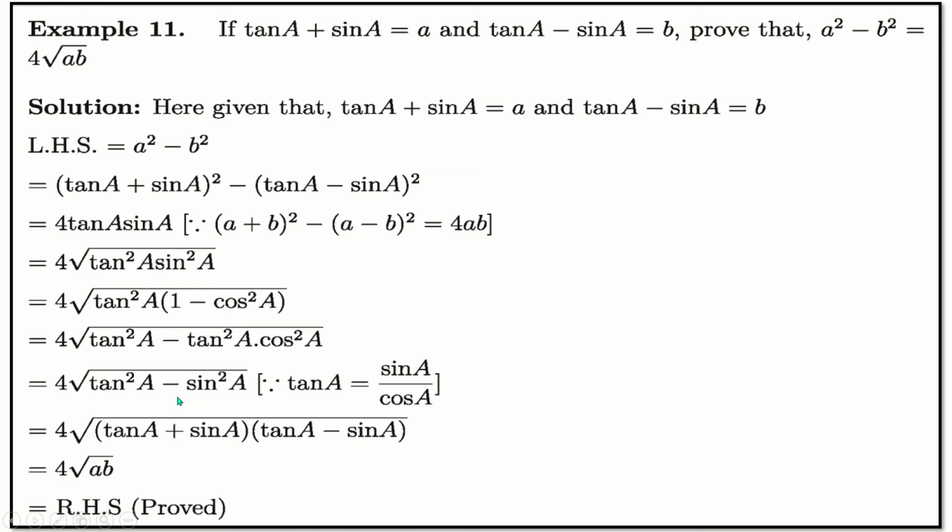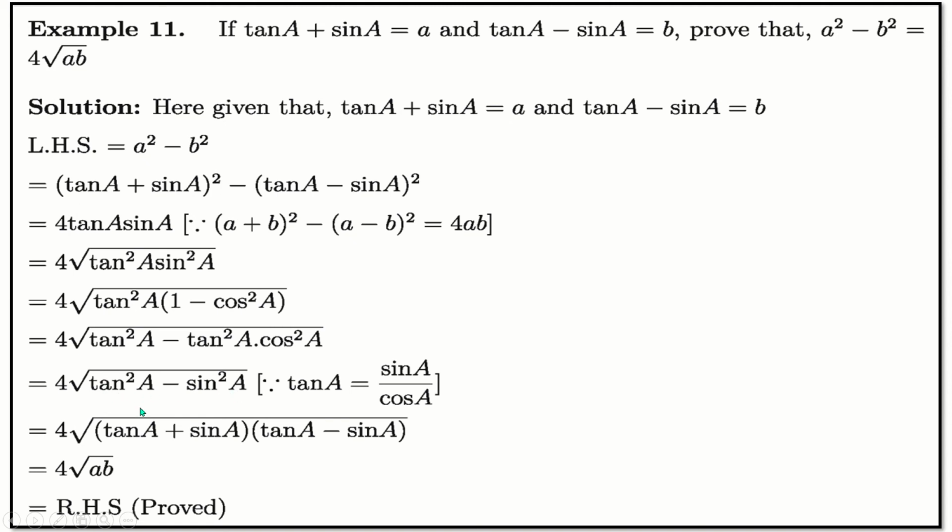Now tan square a equals what? Tan square a means sin square a divided by cos square a. As here is cos square a, cos square a cancels, and here will be only sin square a. Clear?